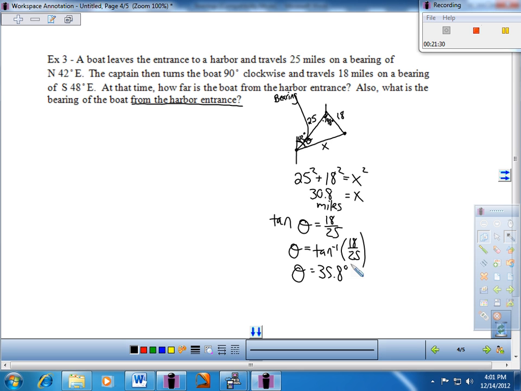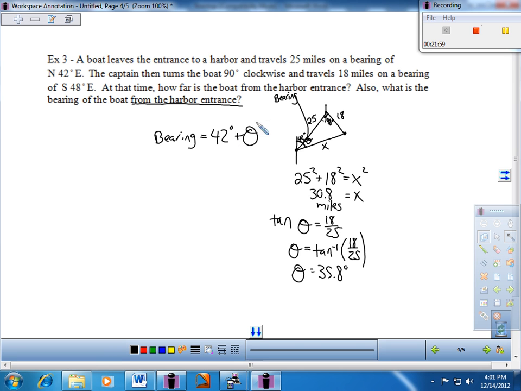So even though my drawing is not great by any stretch of the imagination here, I do see that this part of the rotation right here, that theta is 35.8 degrees. Let's be clear on how we're going to get the overall bearing. The bearing is the rotation from the north axis all the way to that terminal side, as I've mentioned, and it looks like it's going to be the 42 degrees plus my theta.